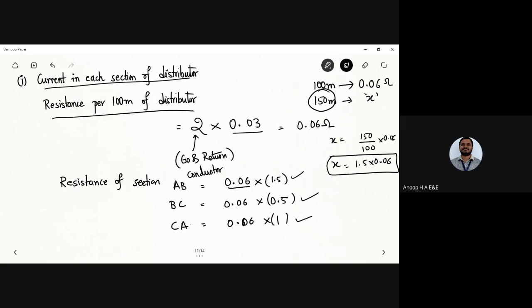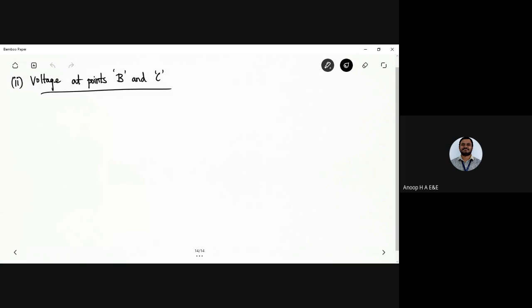Okay, so now let me move on to the next one regarding the currents. I found out the resistance in each section. Now I want to find out the current that is flowing in section AB of the distributor. If I find AB, it would be easy to find BC and CA also.